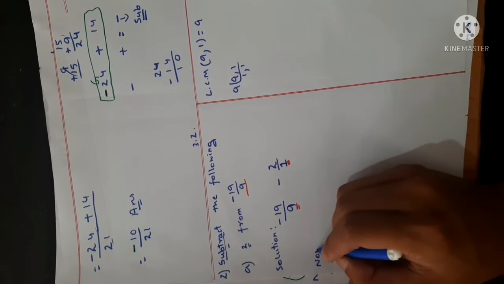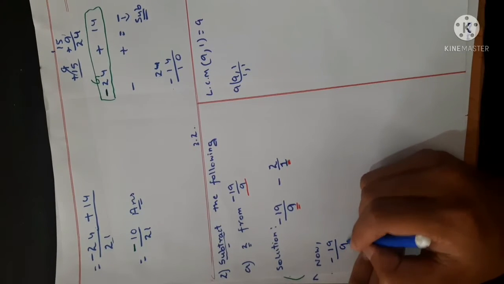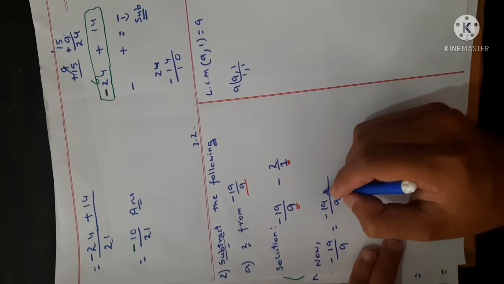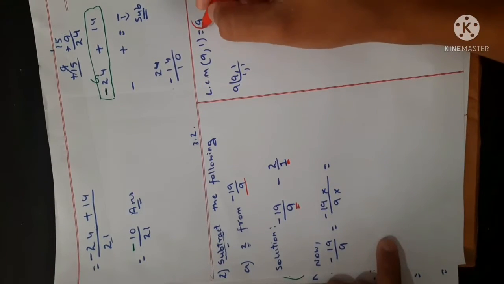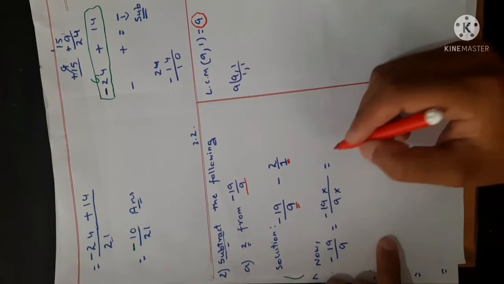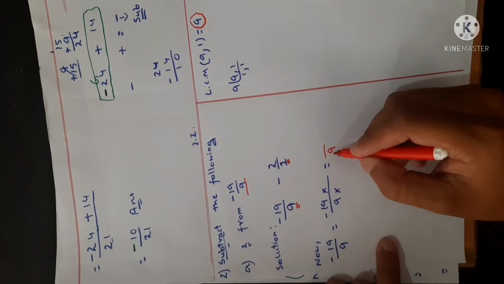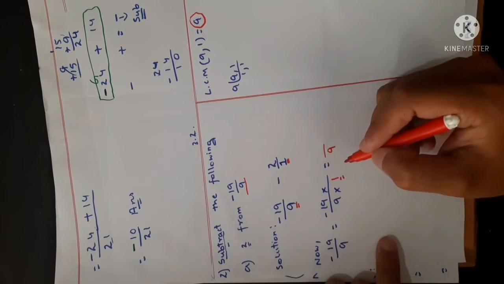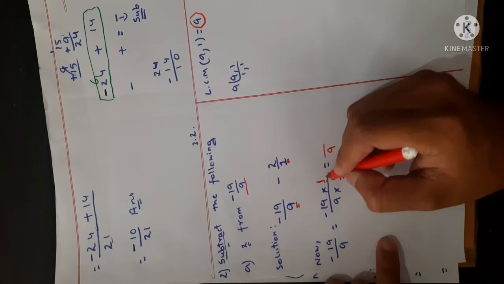Now, just like we did in the previous question, minus 19 by 9 will be equal to minus 19 by 9 multiplied by something. Here the LCM is 9, isn't it? So we have to get the denominator to be 9. 9 multiply how much will we get 9? 9 multiply 1. Since we have multiplied by 1 in the denominator, we have to multiply by 1 in the numerator as well.